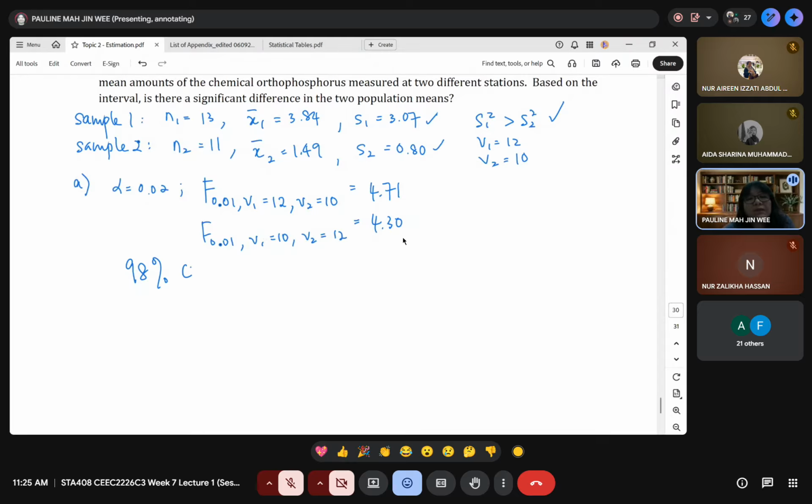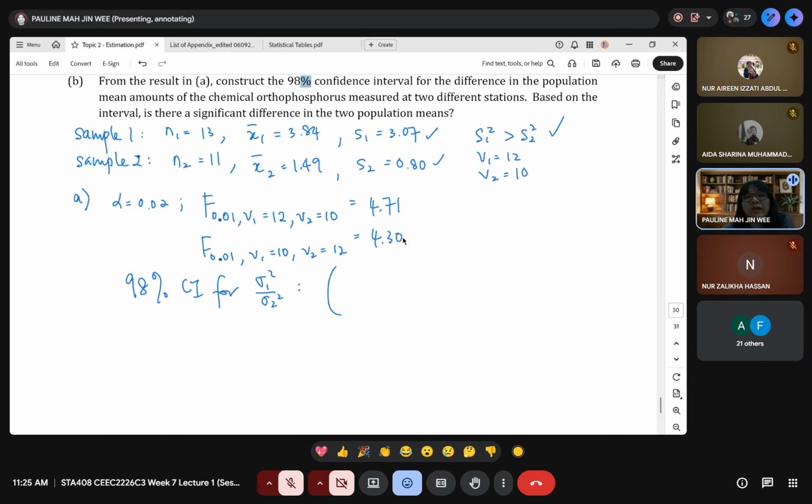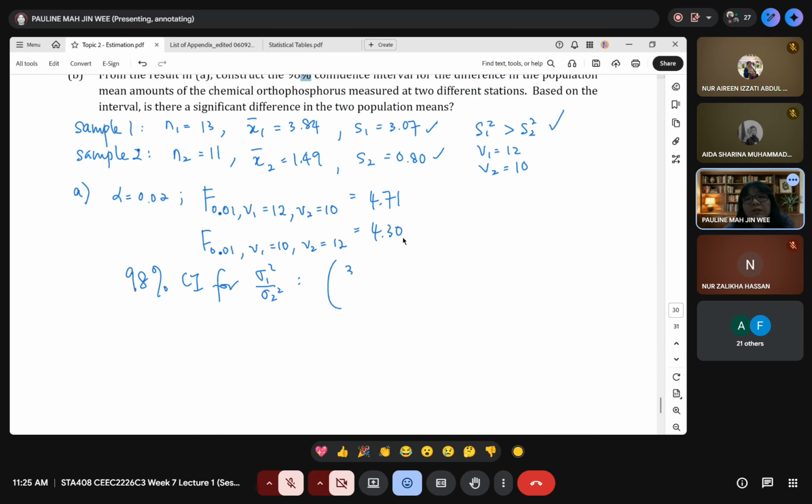We want a 98% CI for sigma 1 squared over sigma 2 squared. So once again, put in the values. We want S1 squared over S2 squared. The formula is this: 3.07 squared over 0.80 squared, multiplied by 1 over 4.71. You follow your formula. And then multiply by 4.30.